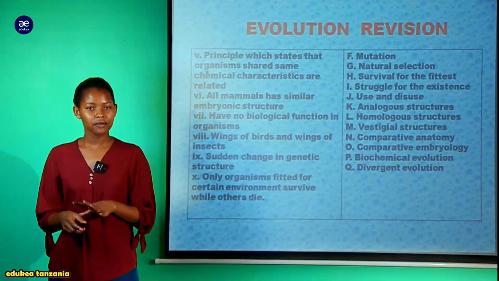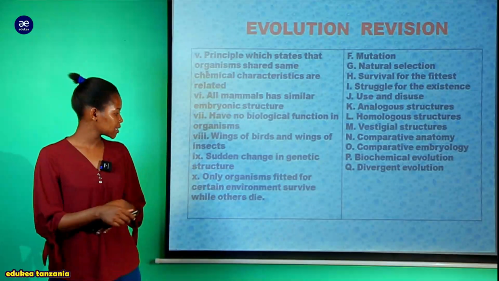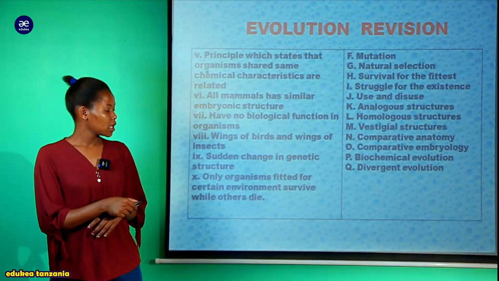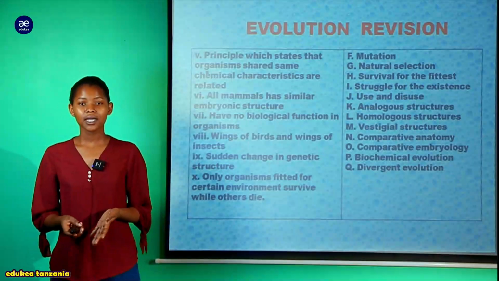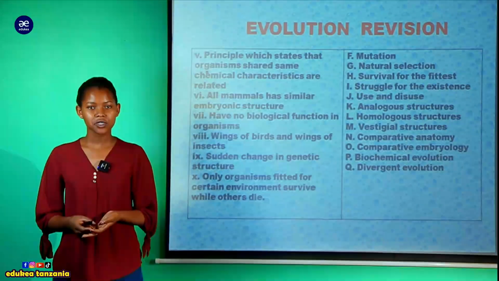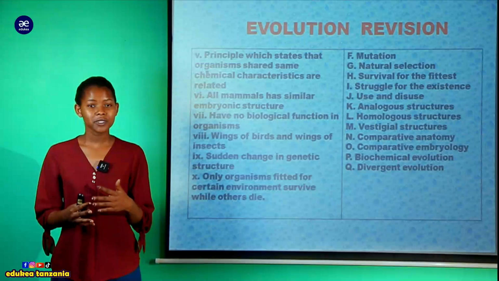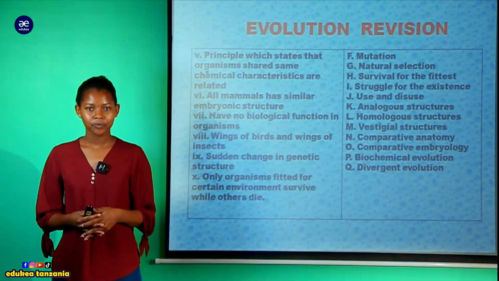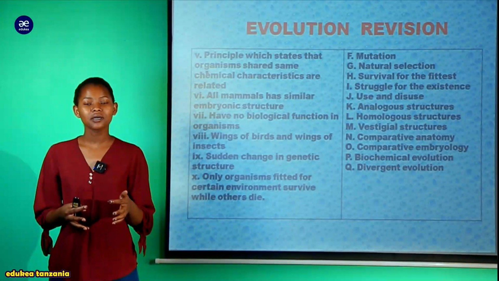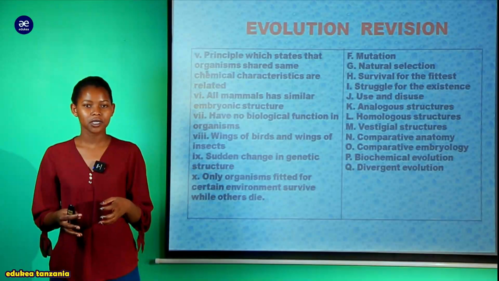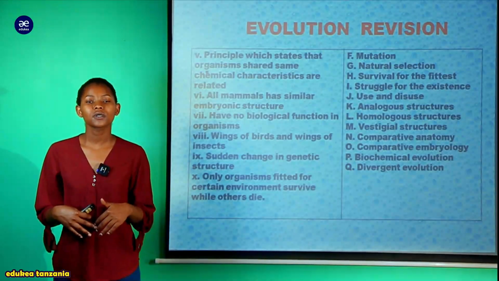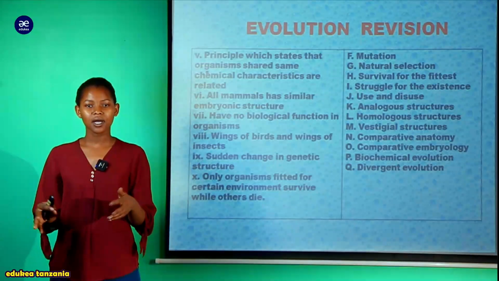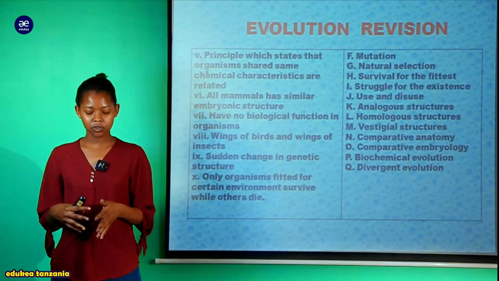Why is divergent evolution? We take it as the emergence of new species. Emergence of new species, as we know, ni speciation. But ukiangalia katika machaguo yetu, my dear student, speciation haipo. But ukizungumzia divergent evolution, tunamaanisha inatokana na homologous structure. Meaning that organisms wametoka katika ancestor mmoja but wakaanza kuvari, wakawa organisms tofauti.